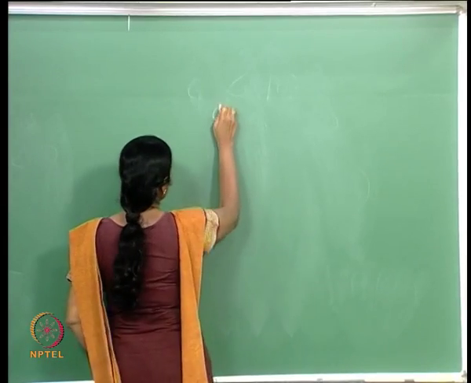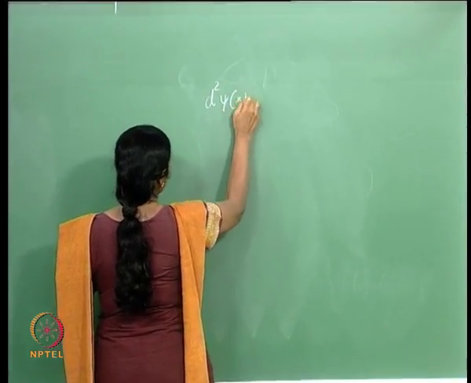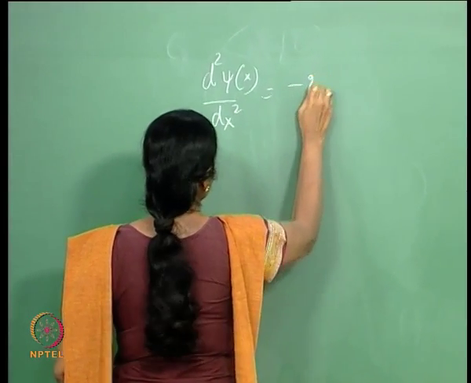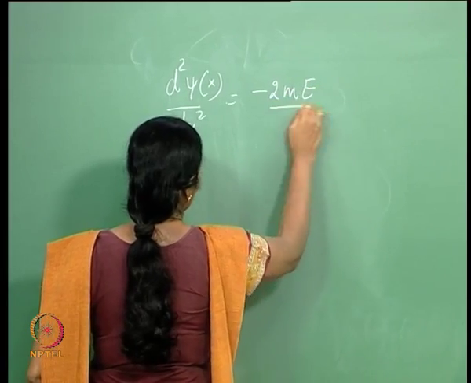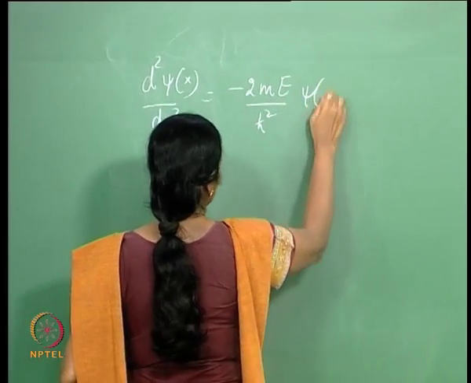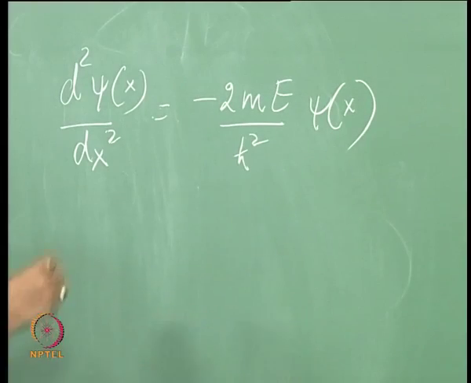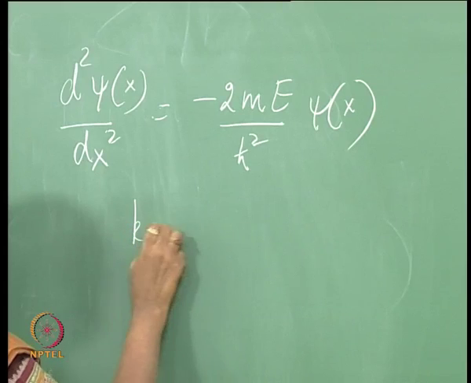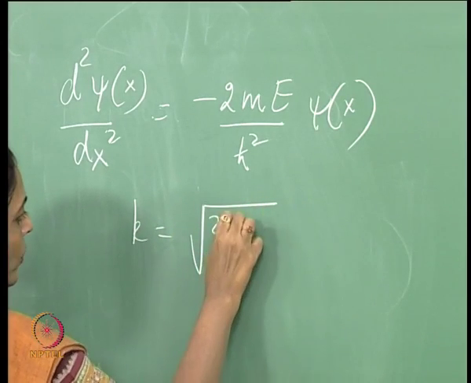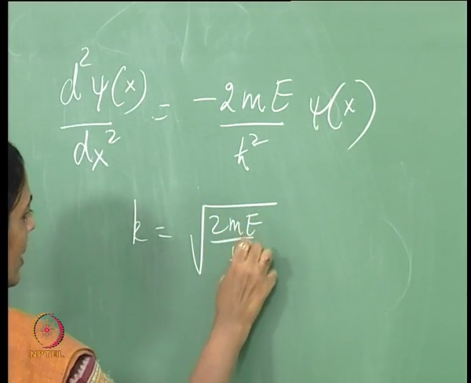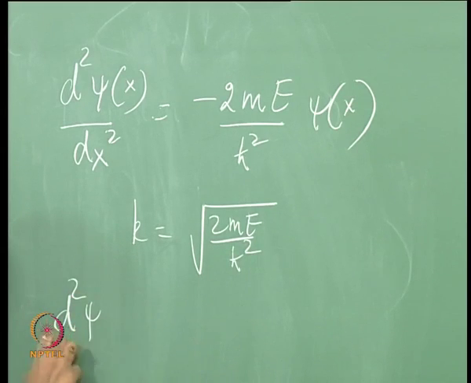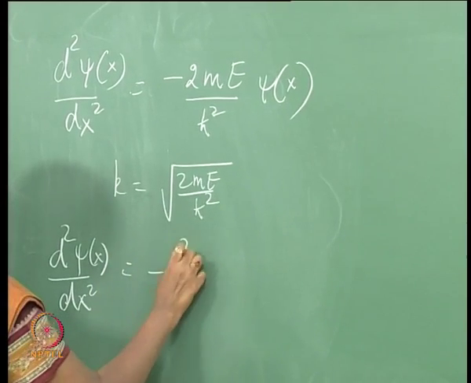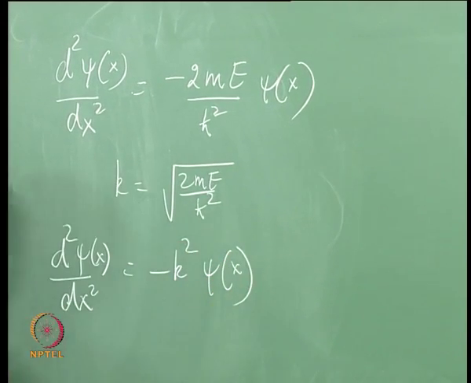So this tells me that d2 psi of x by dx squared is minus 2mE by h-bar squared psi of x, and this is a constant. So I define k as square root of 2mE by h-bar squared, and therefore I have d2 psi by dx squared is minus k squared psi of x.